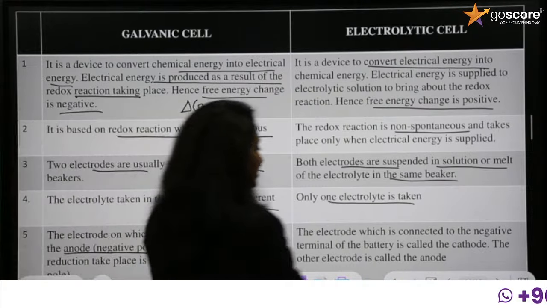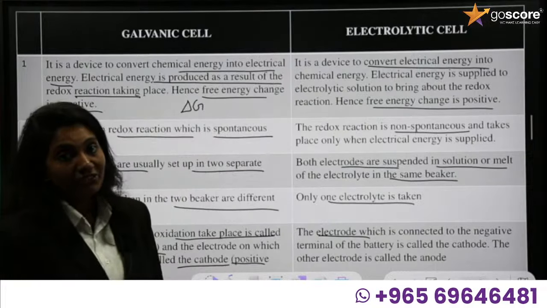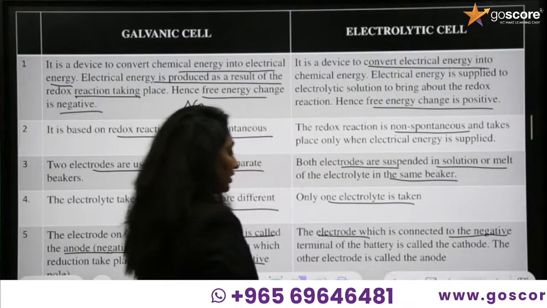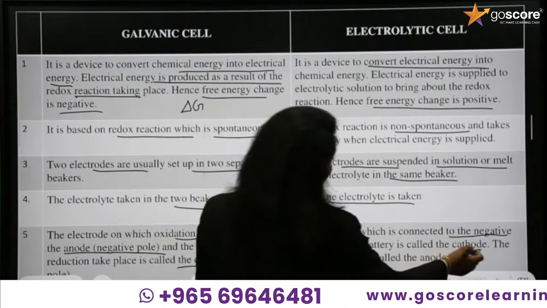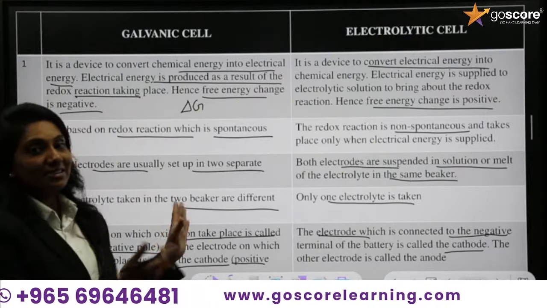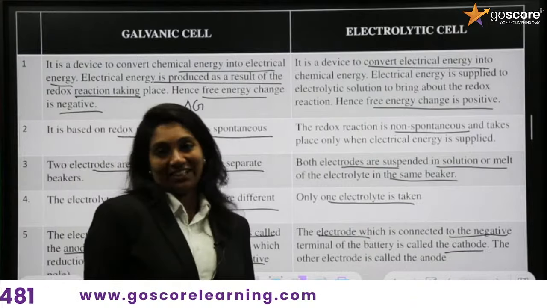In the electrolytic cell, the electrode connected to the positive terminal of the battery is the anode, and the electrode connected to the negative terminal of the battery is the cathode. That is the major difference between the galvanic cell and the electrolytic cell.